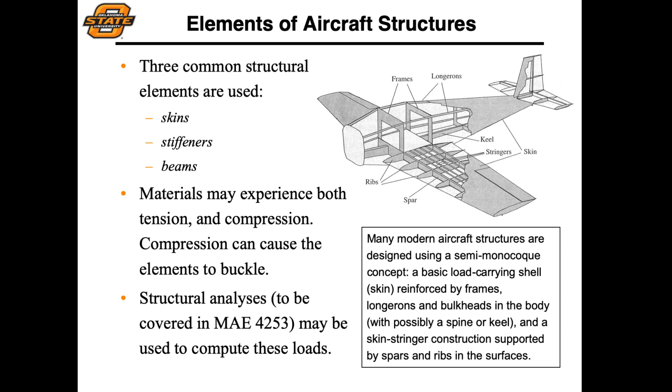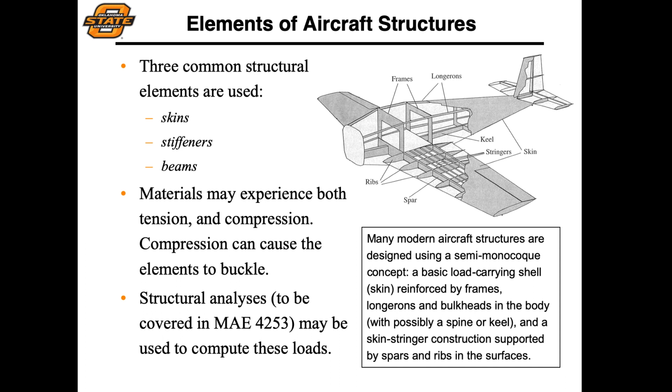Now, all of the materials in our aircraft may experience both tension and compression. Think about what the load is doing on the wing as it goes from positive g-forces, or positive load factors, to negative load factors. So at some points you'll have compression on the upper side, tension on the lower side, and as you reverse those load factors, the tension and compression will swap from the top to the bottom.